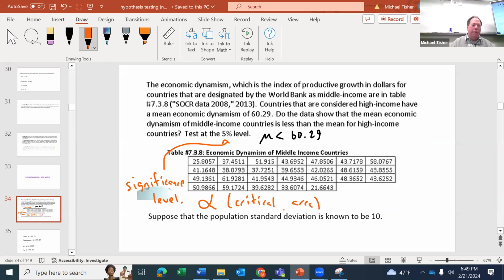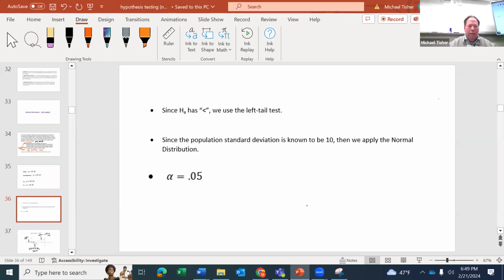Alpha is precisely the critical area. In this case, since we're testing at the 5% level, alpha is equal to 5%, or 0.05.